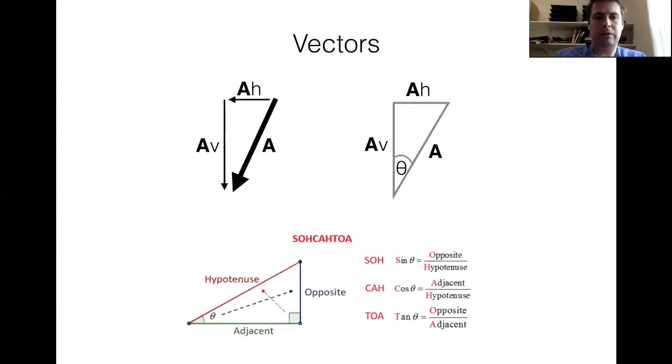If you remember your GCSE maths years, if you know the magnitude or the length of the arrow, the hypotenuse of this triangle, which is A, and we know the angle theta, we can calculate both the horizontal and the vertical components of that force by using sine and cosine.